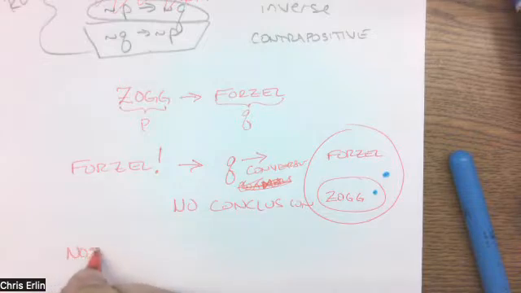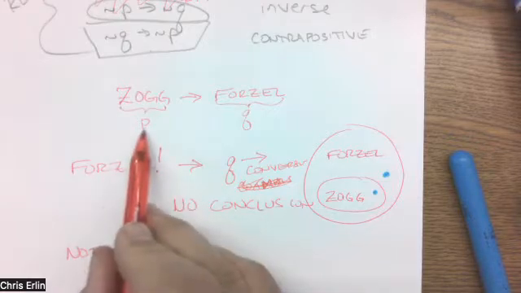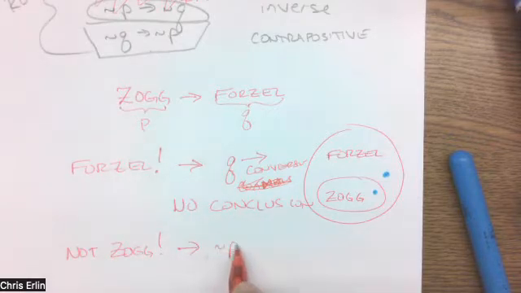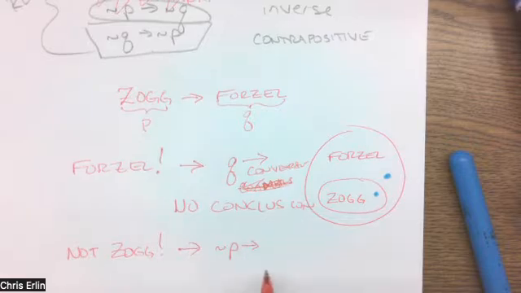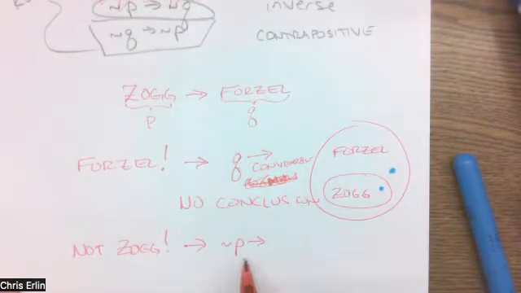What if I told you not Zog? I mean, I tried to Zog, but I just couldn't. Can we make a conclusion based on that? If the conclusion were valid, you're right, it would be no Forzel. But let's do it right. Zog is P, so not Zog would be not P, implies something. Which of our structures is not P implies something? Inverse.